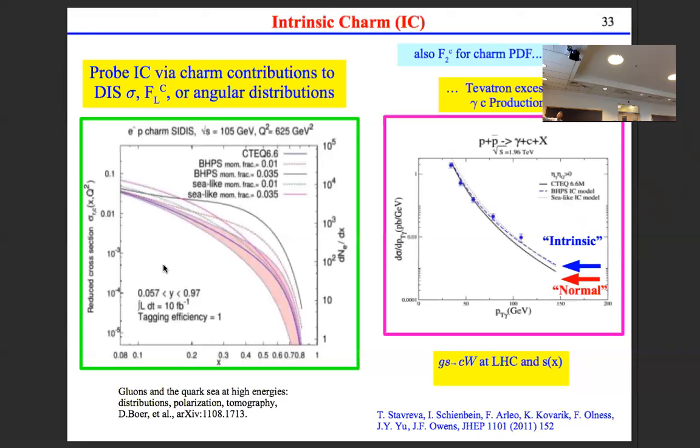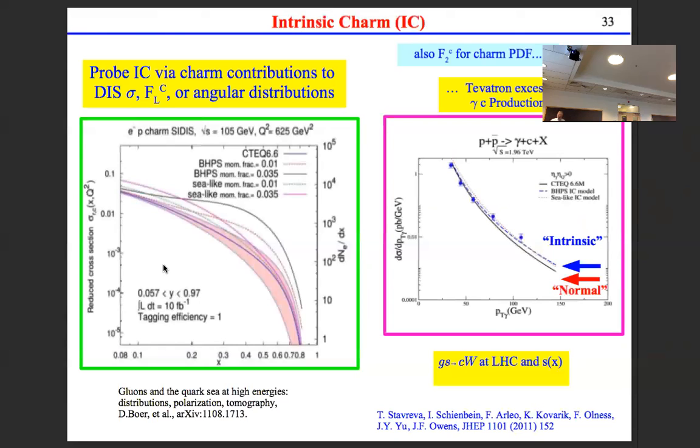It kicks up the highest pT bin, but doesn't modify the lower pT bins. So far, there doesn't seem to be any evidence for that at the LHC, although you can look at, say, W plus charm at the LHC, and that's one of the ones that they use to cross-check the strange distribution, the inclusive strange distribution in ATLAS.